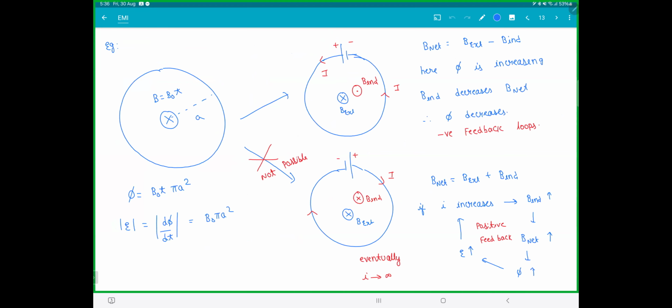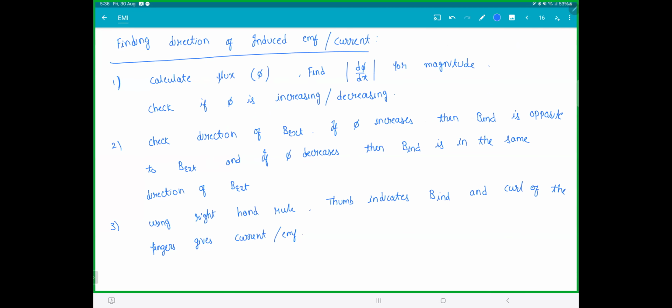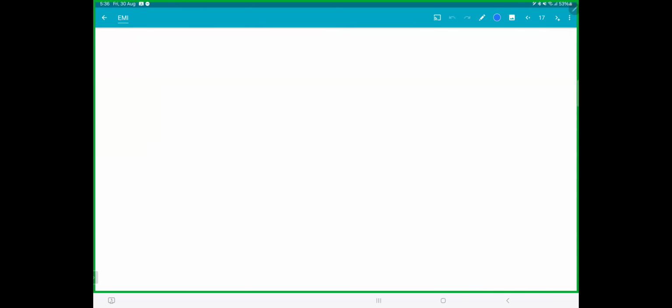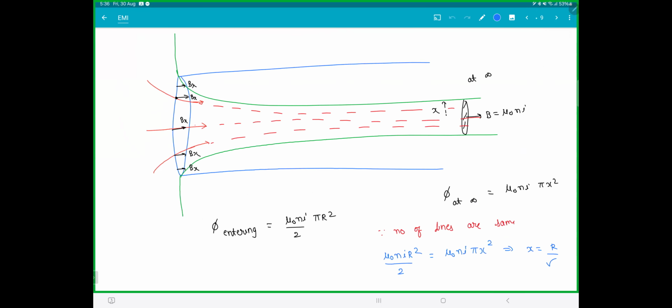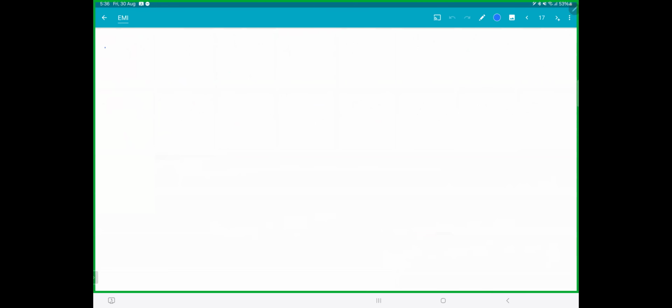So the last class I gave you some examples. Let's see a few more. Can you show the previous page for a second?